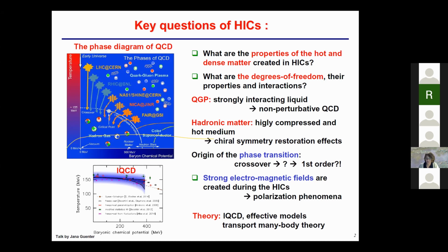Is it a crossover or a first order transition? Do we see critical points and so on? Another important issue was the influence of electromagnetic fields, because, as we know, in heavy ion collisions we produce the strongest electromagnetic field known in our reality, and it might lead to some kind of polarization phenomena.